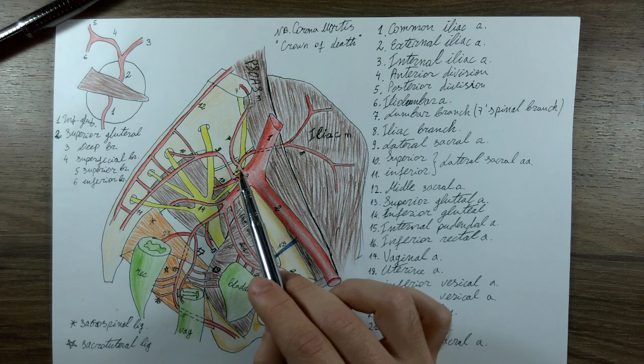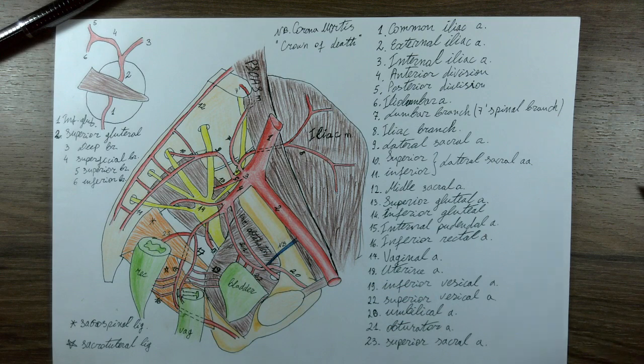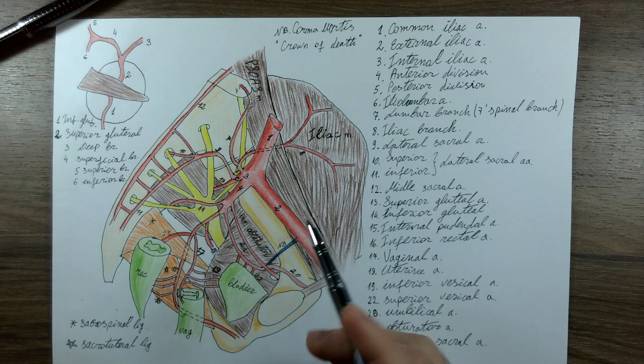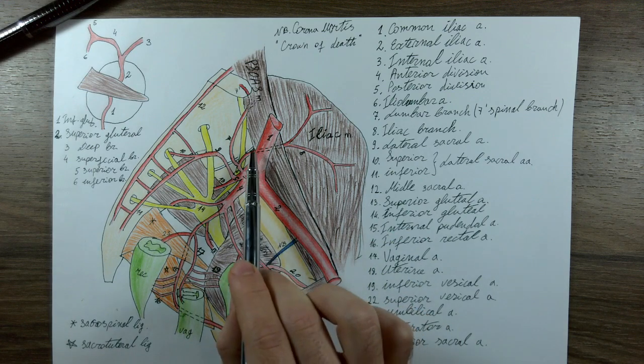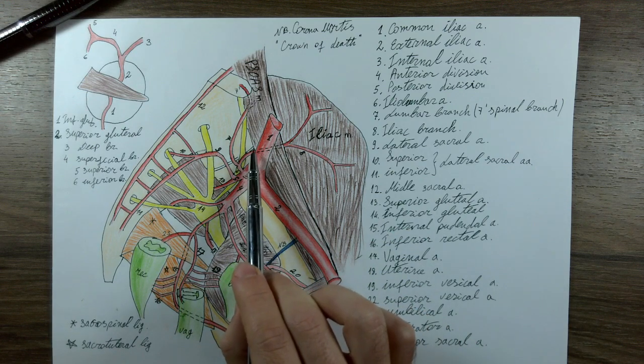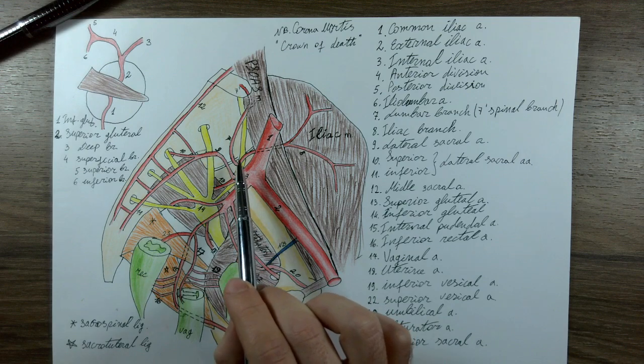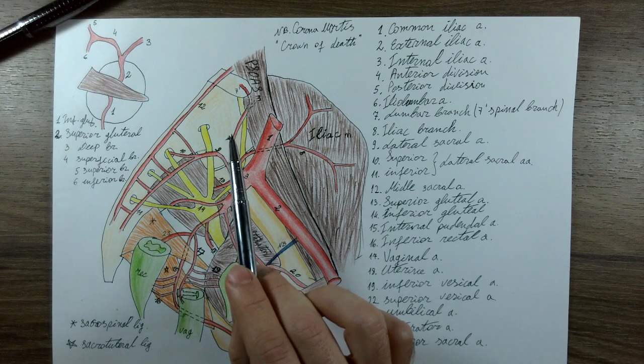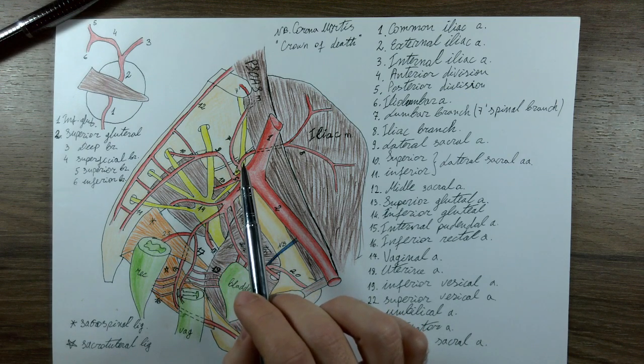The iliolumbar, after its origin, is very short, and on your dissection you would find it very hard because it's kind of squished behind the artery and almost completely behind the psoas muscle. If you can find it in this small crevice around the psoas muscle, you would see that it would split straight away into two major subdivisions.